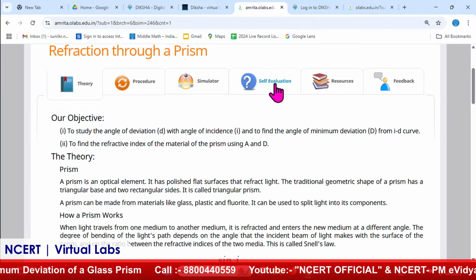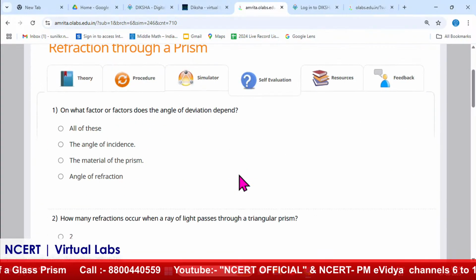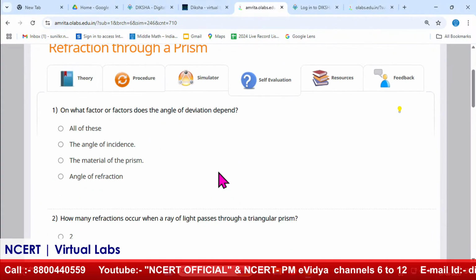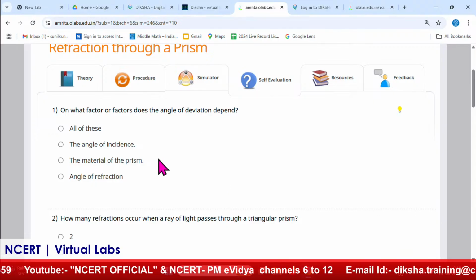Now, here one more thing is there, the self evaluation part. You can see that there is a self assessment part.